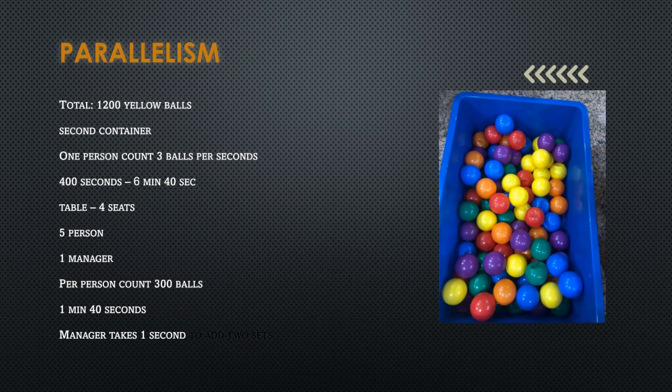Suppose now in the same place you have multiple games and other people are also playing those games, but you have a total of 4 seats. Whoever takes a seat can perform the task and count the balls, but they will have to leave the seat after a certain time so that another player involved in the other game can also take the seat and perform their task.